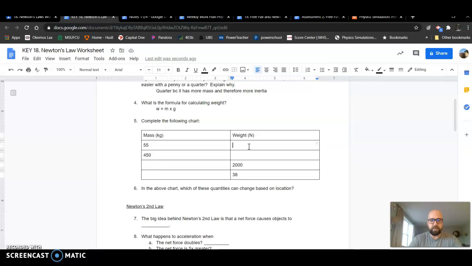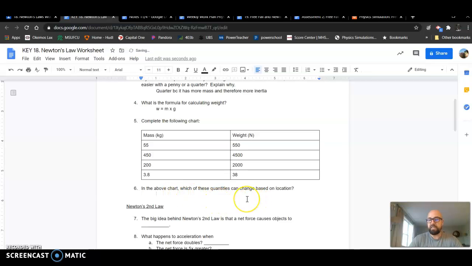I'm not sure if you've got a real love of 9.8 or why you use it. But anyway, multiplying mass 55 times 10, acceleration due to gravity, allows me to fill these in like this, and then I would divide by 10 to go the other direction. So hopefully that's an easy calculation.